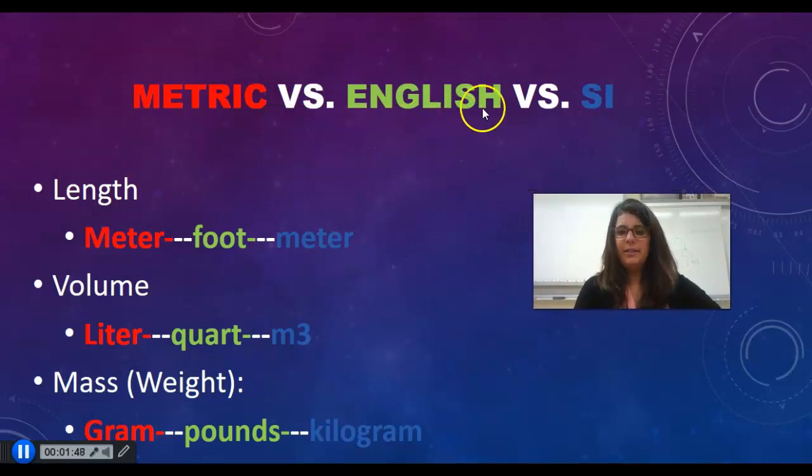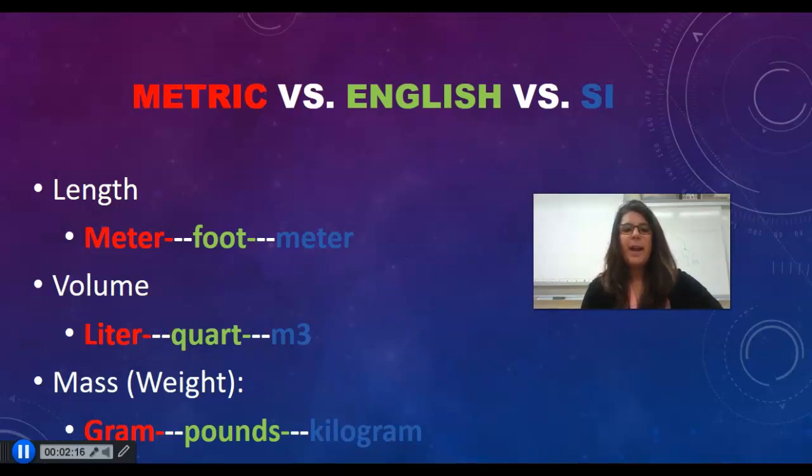So if you're looking here at metric versus English units versus the SI units, when we're measuring length, the metric unit is meters. We would say feet or a foot in English, and the SI unit is also a meter. Volume in metric is liters, like a 2 liter of pop or a liter of water. Quart would be the English unit, quarts, gallons, pints, and the SI unit is meters cubed.